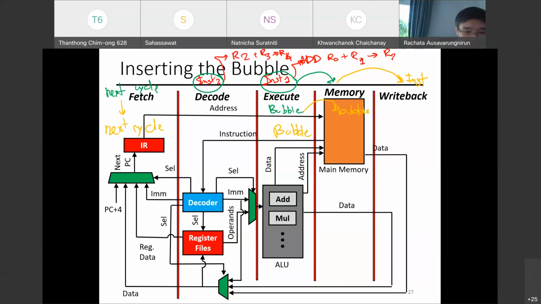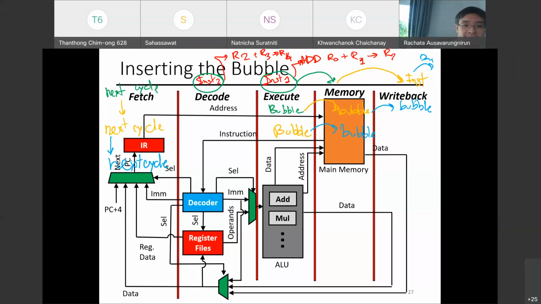Then I'm gonna use, okay, I'm running out of colors, blue. So I'm moving to the next cycle. This is done, yay. The bubble moves here, the second bubble moves here.